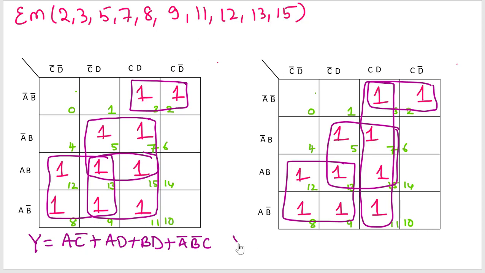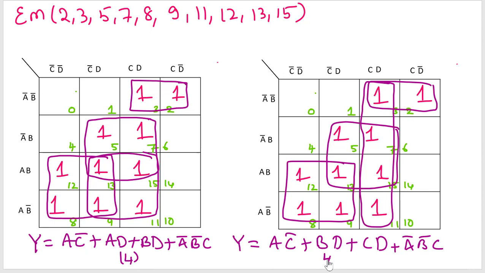If you write the expression now, for this quad you're going to have A times C bar. For this quad you're going to have B times D. For this you're going to have CD. For this pair, A bar, B bar times C. So if you look at both the expressions, both are having 4 terms.